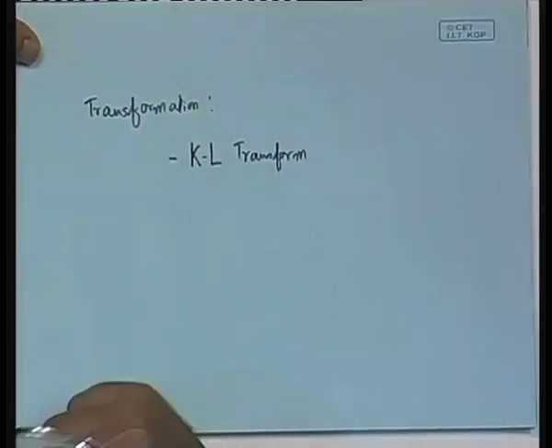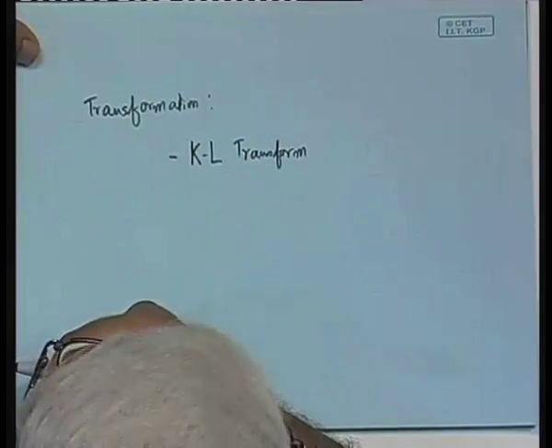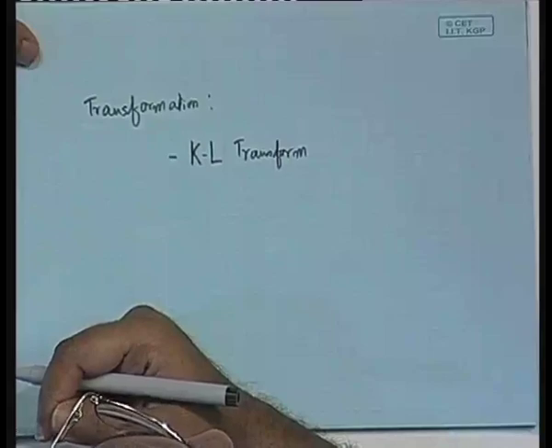KL transform is also referred to as the optimal transform because it obtains the transformation kernel based on the eigenvalues and eigenvectors of the covariance matrix. So, in that sense it is optimal because it is based on the image itself that the transformation kernel is designed.